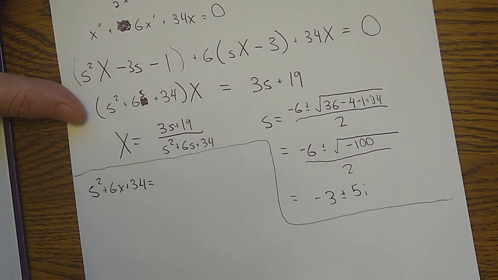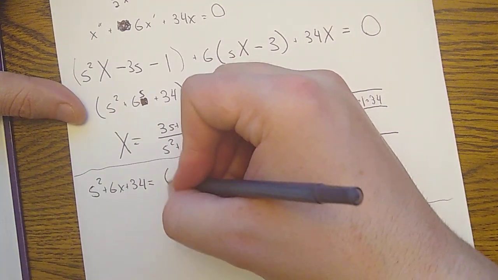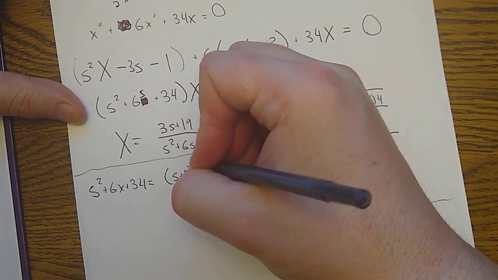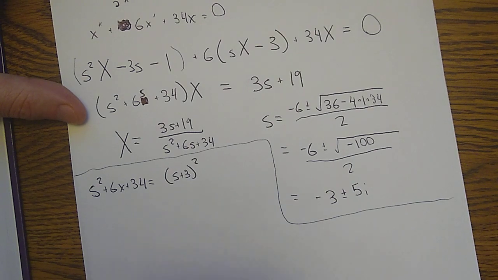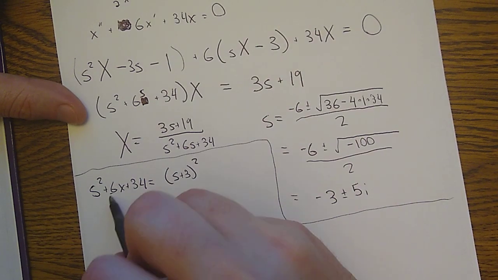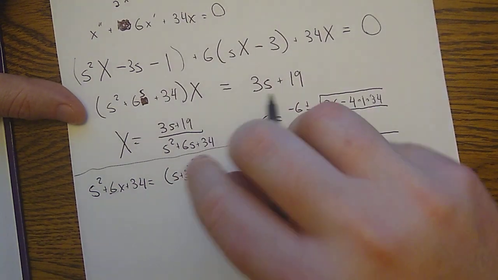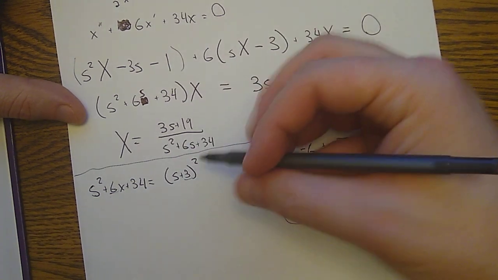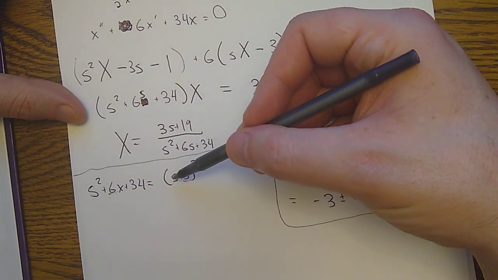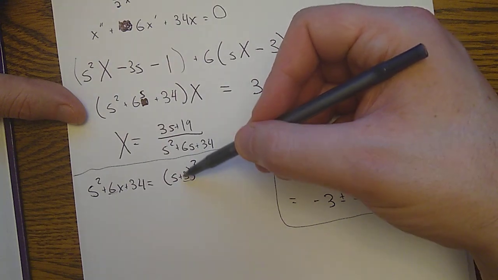Remember how this goes. I take the denominator. I'm going to say this is s plus 3 squared, because 3 is just half of 6. And then I need to fix this somehow, because this would be s squared plus 6s plus 9.